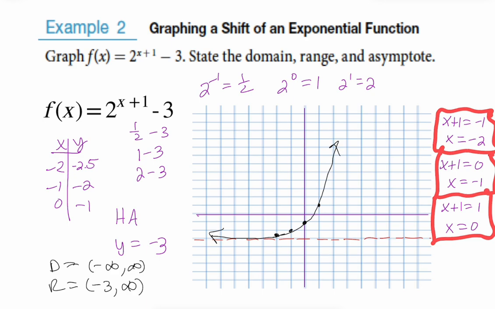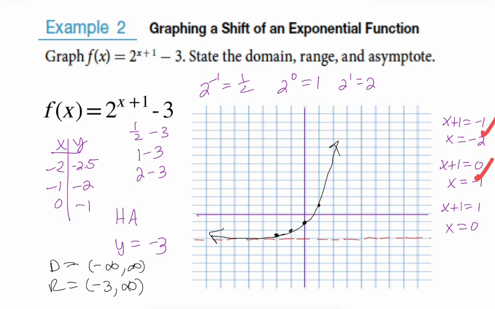We have done that with other transformations. If the inside of our function has changed, set that inside equal to -1, 0, and 1 to find where the new good three points will be located. And you can see they all went to the left of what they originally were. Does that make sense how I did that? Okay. And that works for almost any function, whatever kind of transformation we had. Setting the inside equal to -1, 0, and 1 is a good rule of thumb.